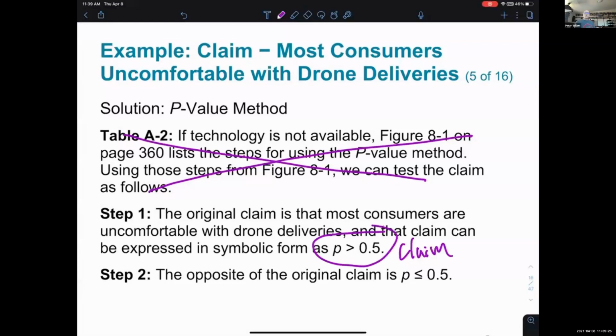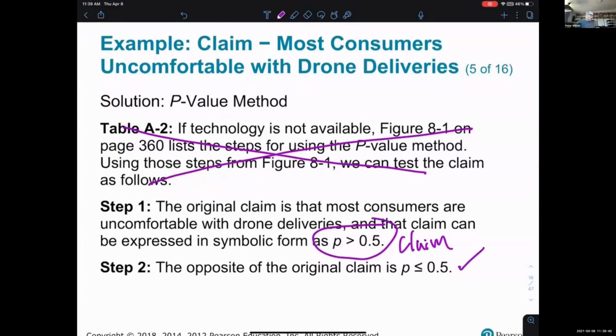So then, from the claim, you want to come up with the null and alternative hypotheses. And as we discussed in a little more detail in 8.1, you move toward that process by recognizing what would be the opposite of the claim. And remember, your claim has to always be greater than, less than, or equality.